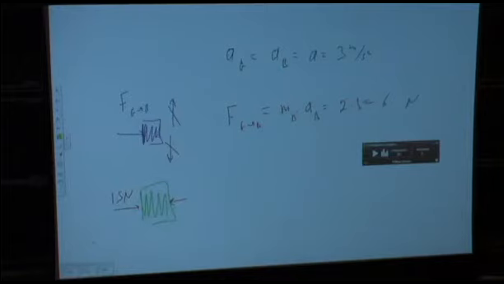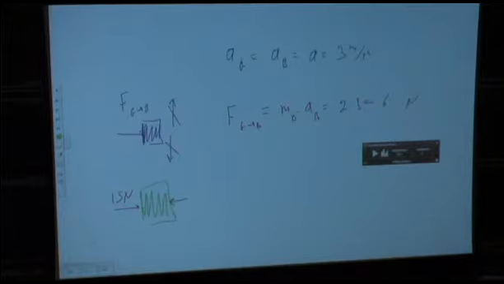Someone said 6, that is a correct answer, but there is a reason for everything in physics. What is the reason? And what is the name for this statement?